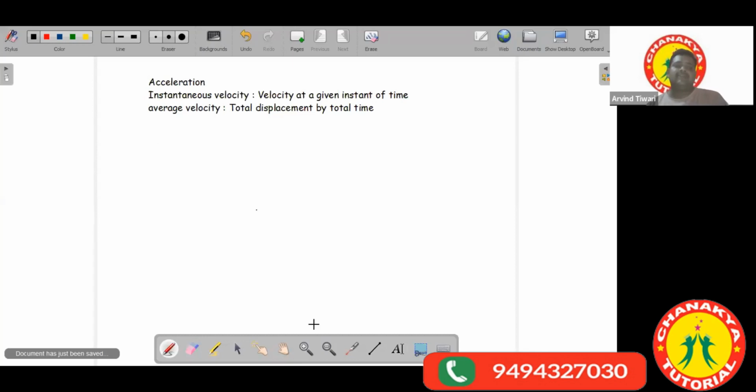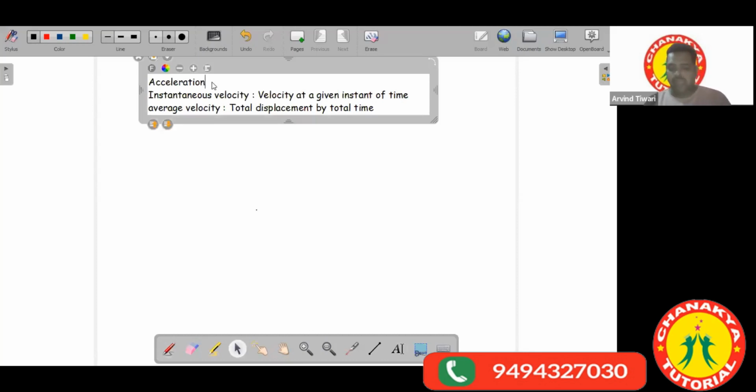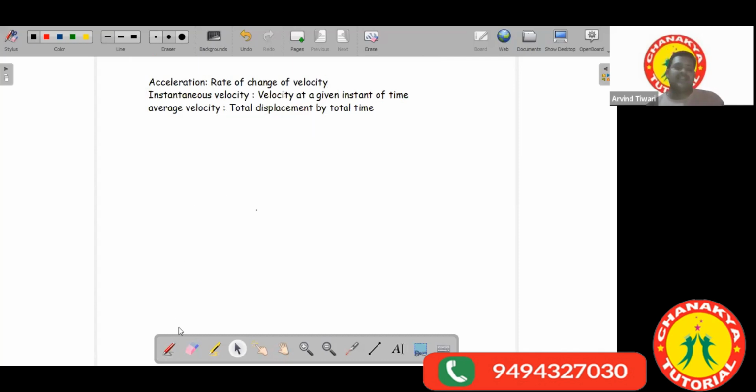Then acceleration, we had defined acceleration as the rate of change of velocity. So how fast the velocity changes, that we call acceleration, and we can write acceleration as a equals v minus u over t.